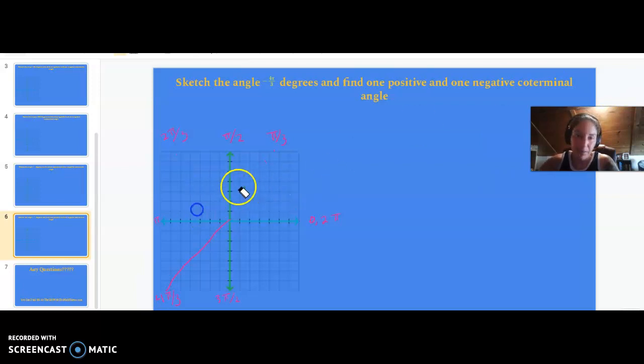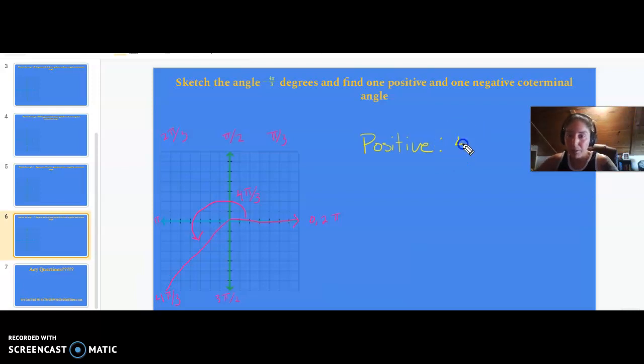Again, all I'm doing is basically cutting a circular cake. So here's our initial side. We always start from here. There's our terminal side. So this is the angle 4 pi over 3. Let's get a positive coterminal angle. A positive angle that would have the same starting side and the same ending side.